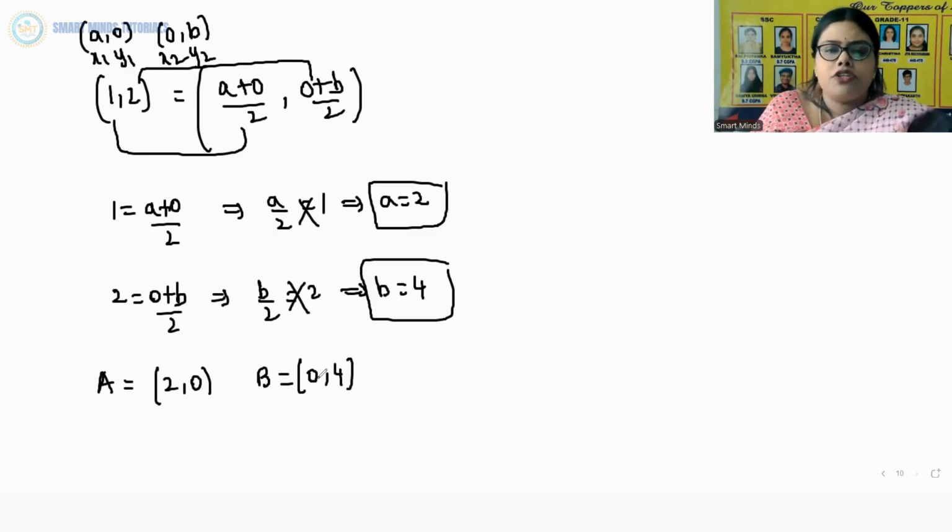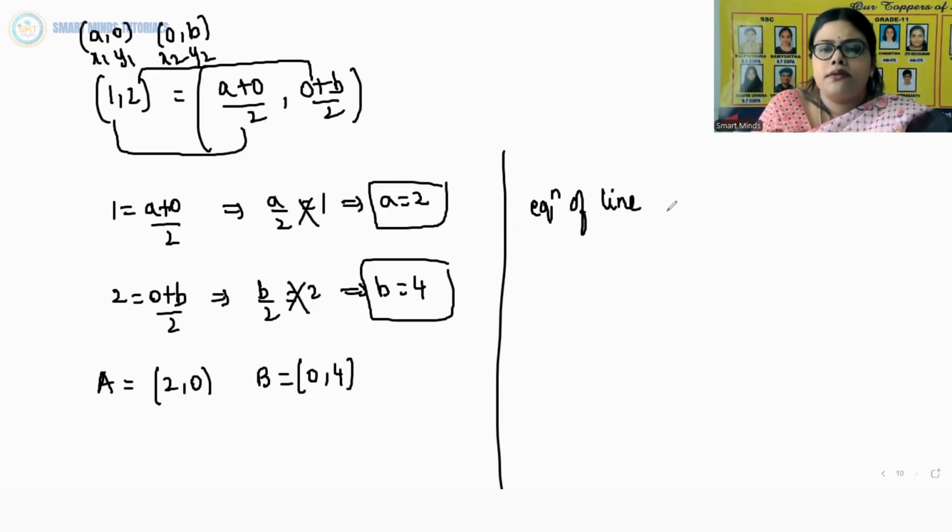Now what is the equation of the line? Now I will show you how to use the two-point form. The equation of a line is y minus y1 is equal to m into x minus x1, right?